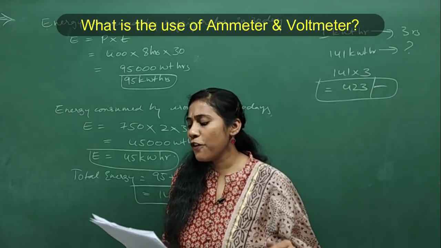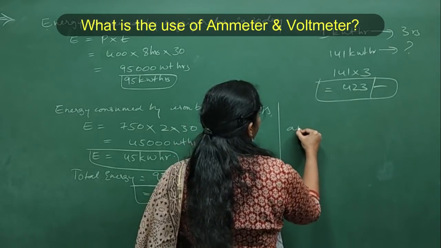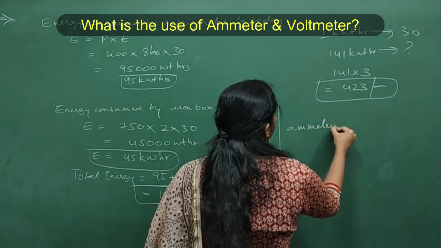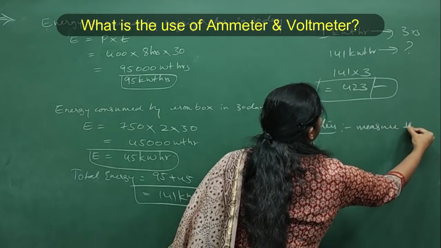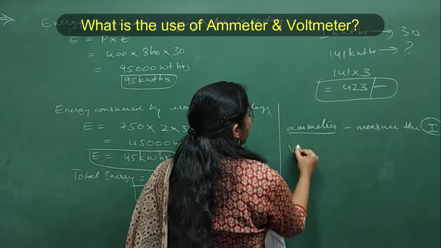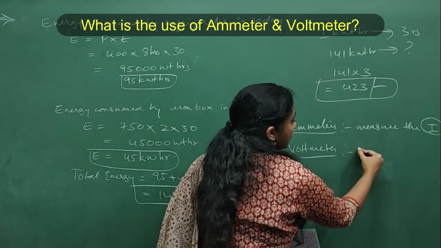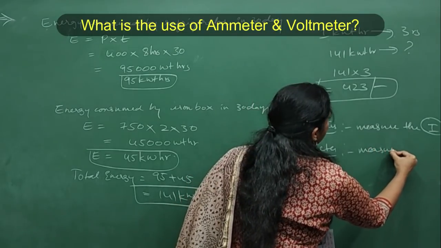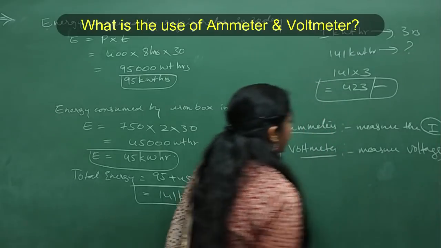What is the use of ammeter and voltmeter? So what is the use of ammeter? So ammeter helps us to measure the current, that is I, isn't it? So voltmeter helps us to measure voltage, isn't it?